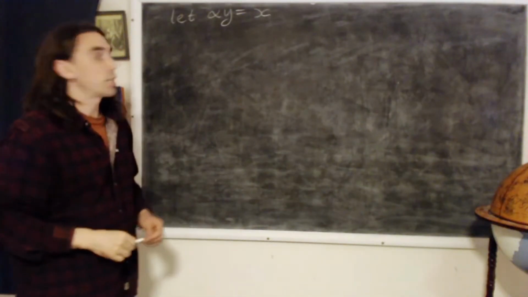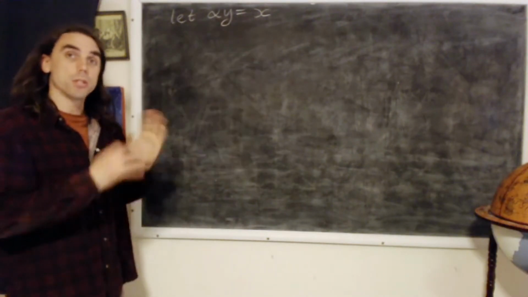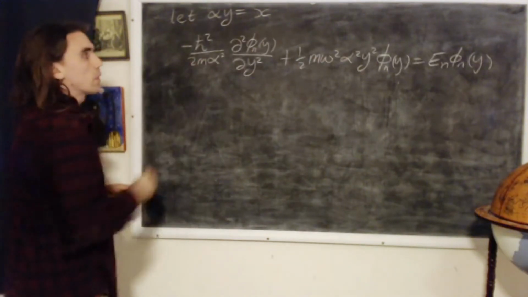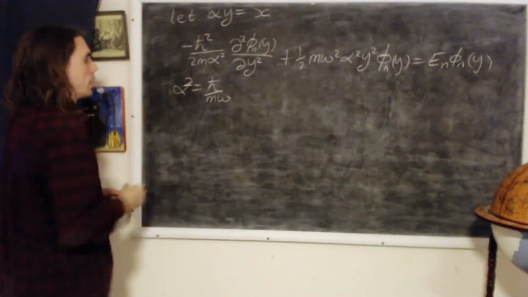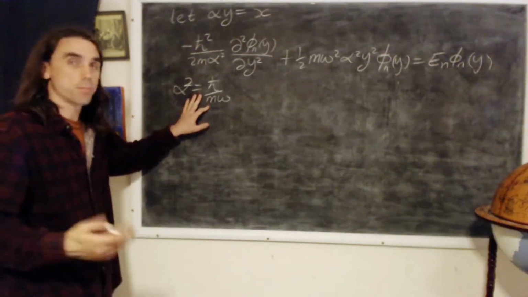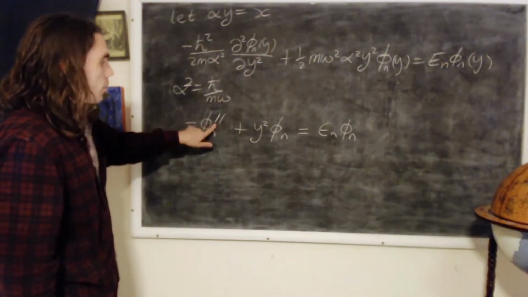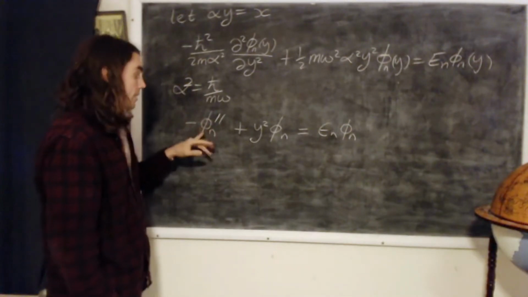So first, let's change variables slightly. We'll define alpha y equals x. Substituting that into the time-independent Schrödinger equation, we find this. And if we choose the following, alpha squared is h bar over m omega, we can rewrite the equation in the simpler form, where double prime here indicates derivatives with respect to y rather than x as it usually represents.